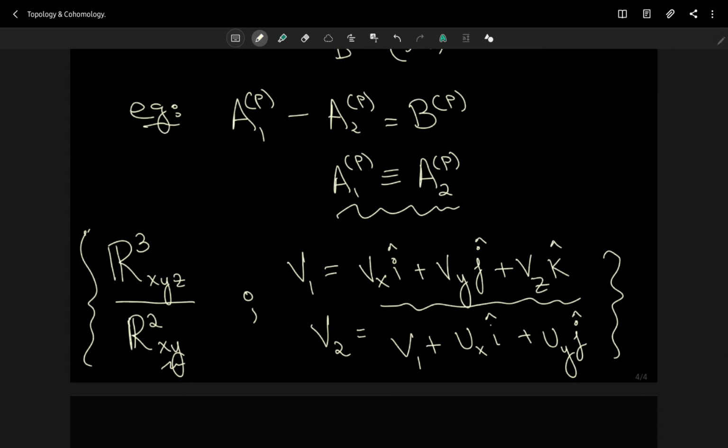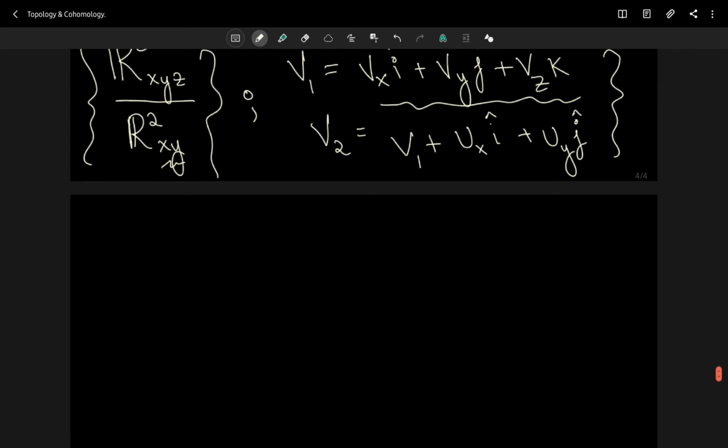I hope you're getting the idea. What this is saying essentially is that I can simply ignore the x and y components. If I do this quotient, what I am actually truly specifying is the z component.